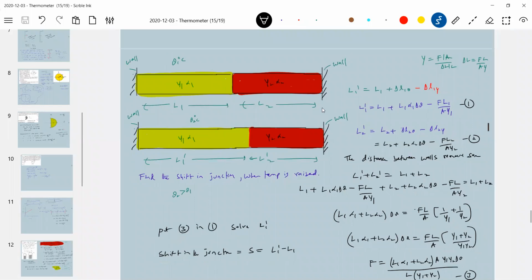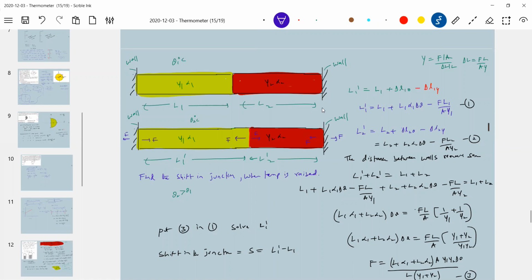Any force you are not showing, that force F. Where should I show that force F? This rod will experience a force like this. Agree? Similarly, this rod will experience a force here. Here it will be like this. Here it will be like this. By the rod on the wall. Please, you have to show all this. This is very important.